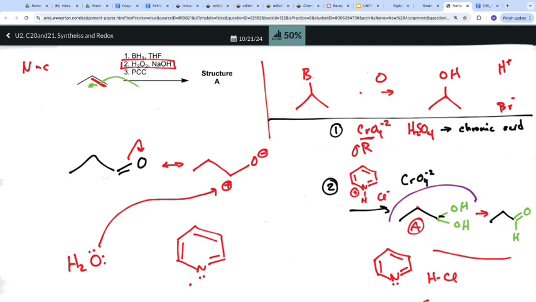OH. The hydrate. The hydrate, the alcohol form, is what reacts with the chromium. That's why alcohols get oxidized with the chromium reagent. They're reacting with the alcohol functional group. Pyridinium chlorochromate does not ever form the hydrate. Because it never forms the hydrate, can it oxidize a second time? Nope, which is why it stalls at the aldehyde.